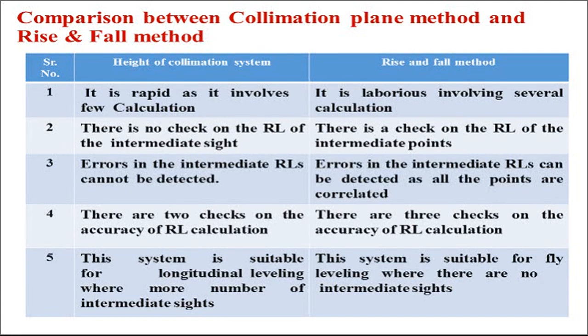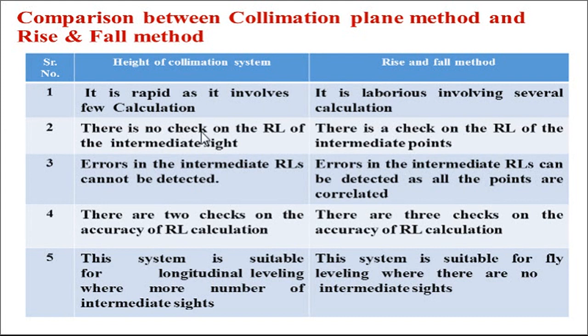Comparison between the collimation plane method and the rise and fall method. Two columns: height of collimation system, and rise and fall method. First point of comparison: the height of instrument method is rapid as it involves fewer calculations, whereas the rise and fall method has more calculations, so we can call it a laborious method.